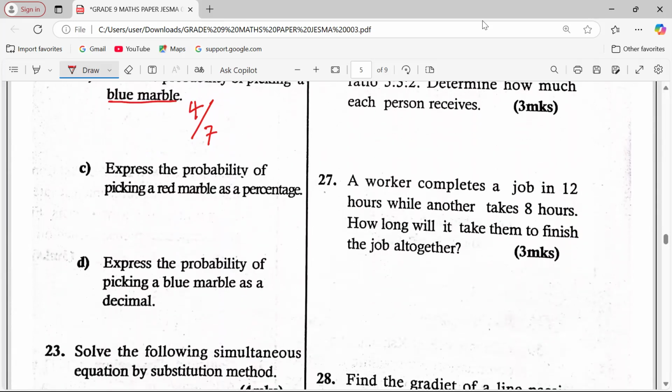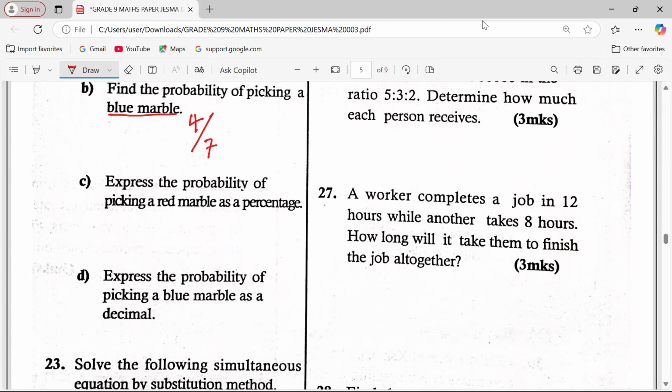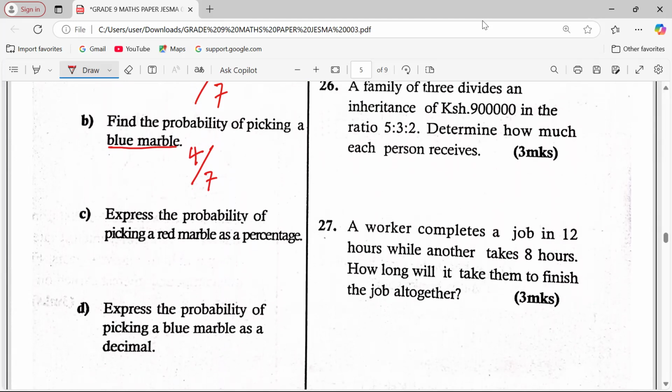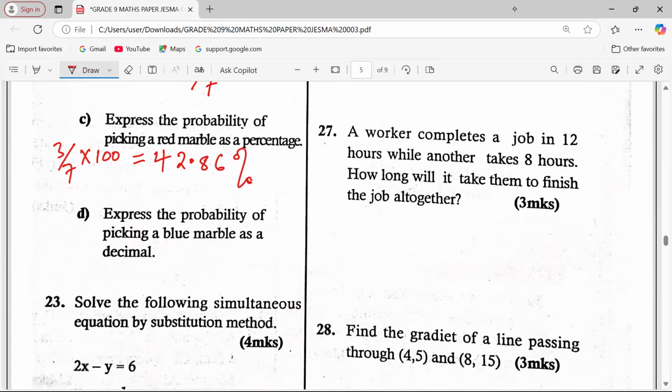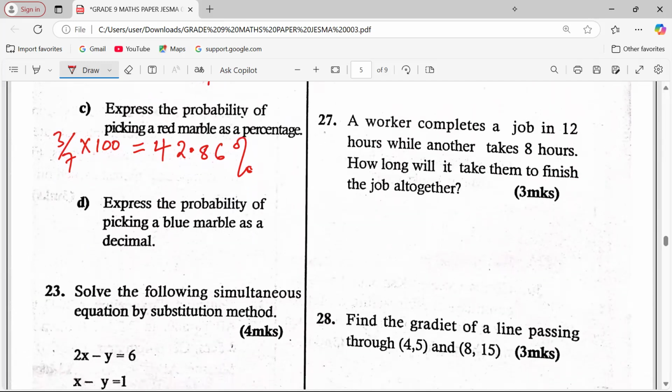In part C, express the probability of picking a red marble as a percentage. As a percentage, we convert 3/7 to a percentage by multiplying by 100, and this is going to be 42.86%. Part D, express the probability of picking a blue marble as a decimal.